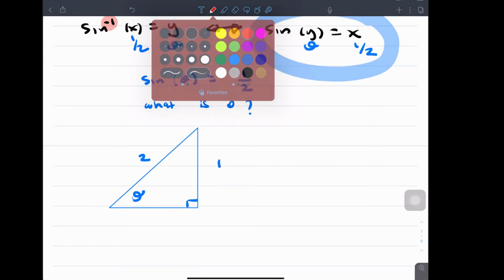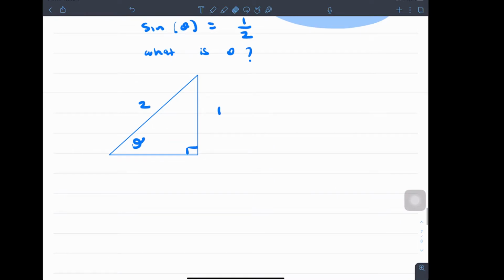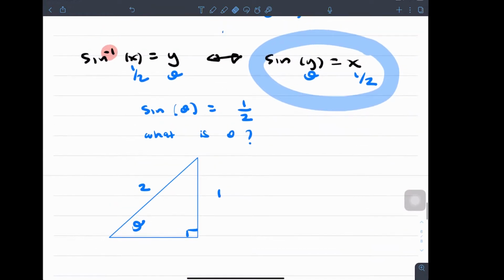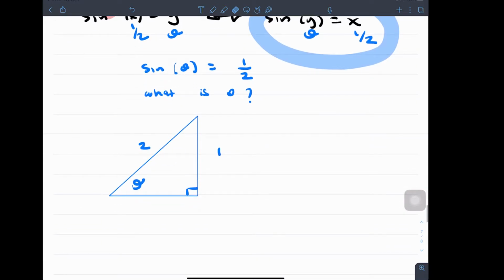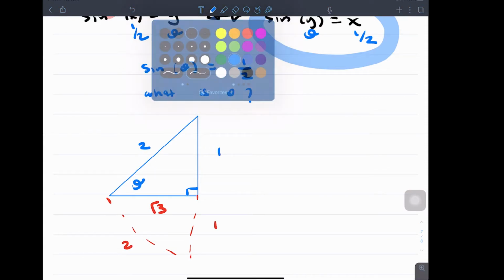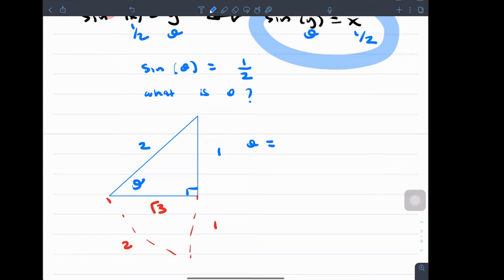The adjacent side has to be, this looks familiar. Remember I said to you guys, there's only 2 special triangles you have to memorize. Isn't this the square root of 3 down here? Pythagorean theorem. And in that case, what is theta? Isn't that 30 degrees, or pi over 6?